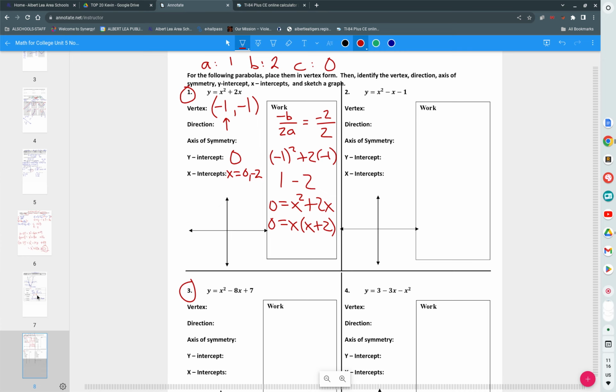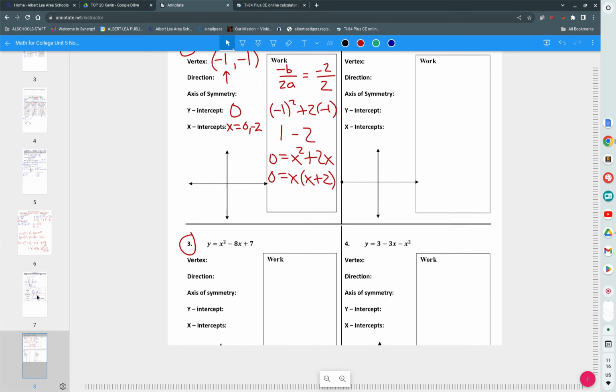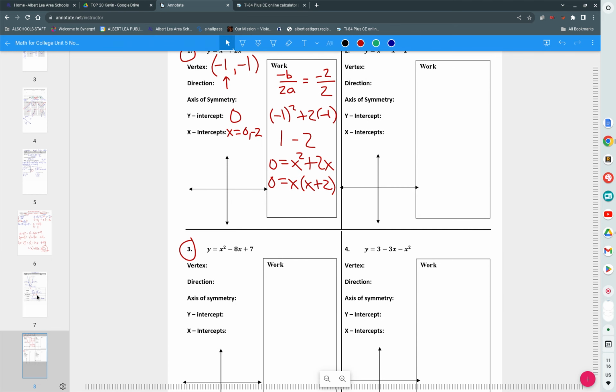We're going to put this all down on a graph. And if there's something that doesn't seem to be working with your graph, that's a good indication that you made a mistake along the way. I start by plotting negative 1, negative 1.